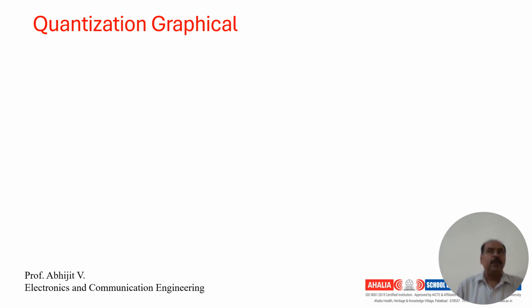So what are the different types of quantization? If the quantization levels are the same, it is known as uniform quantization. And if the quantization levels are not uniform, it's called non-uniform quantization.